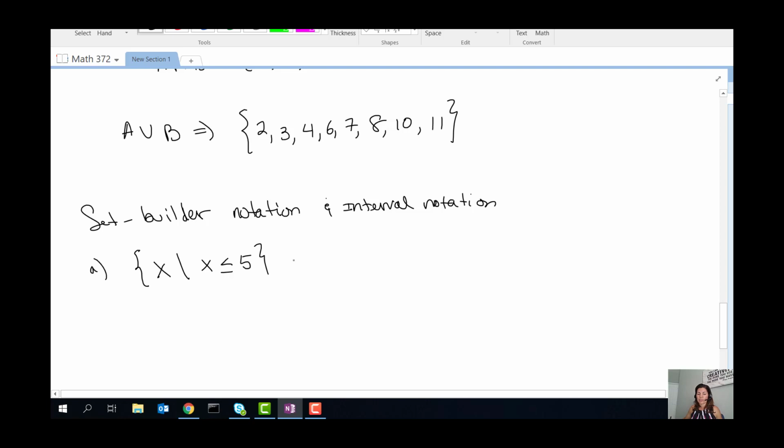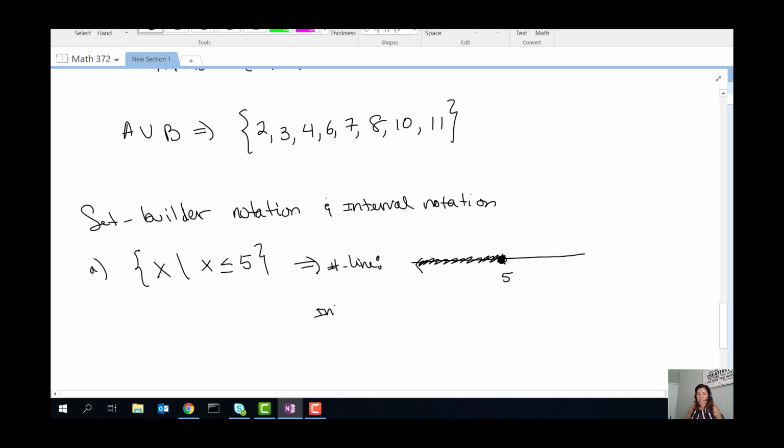So you can describe this set. This is set builder notation. You can describe it on a number line by graphing it. I'm going to go to 5, and it says x less than or equal to 5. So equals means I fill it in, and then you shade everything that is less than 5.